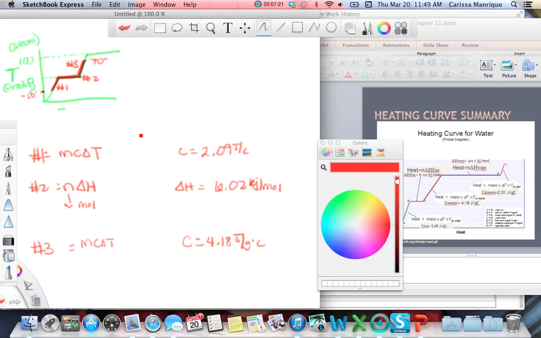It gave us that the moles of water equals 1 mole. So if you convert this into grams, 1 mole of H2O, using the molecular weight of water, 1 mole equals 18 grams. So you have 18 grams of water.